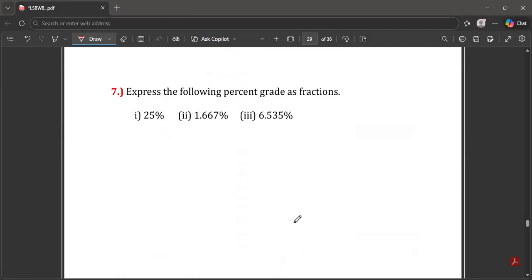This question is saying that we should express the following percentage grades as fractions. How do we go about it? It's similar to what we have been doing earlier.